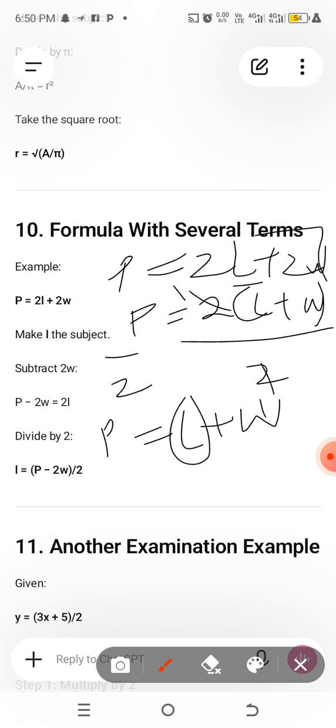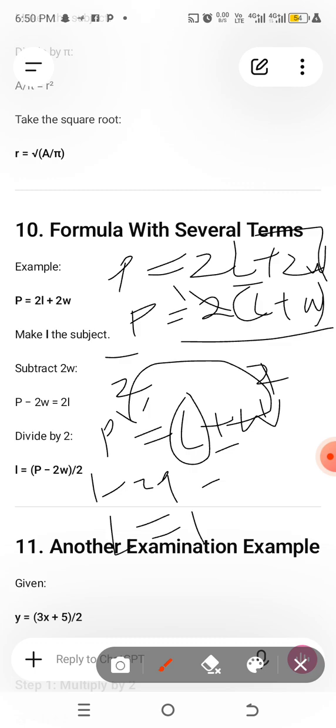You must make this L stand alone, so this W will come here. You need this plus sign to what? Minus sign. That will be L equal to P over 2 minus W. Yes, L equal to P over 2 minus W. This is the answer. It's also the same as this answer, just that they did not divide their own by 2.